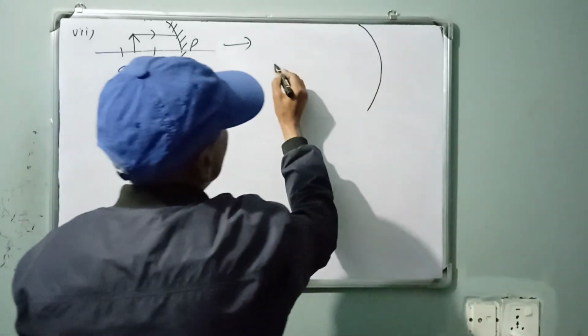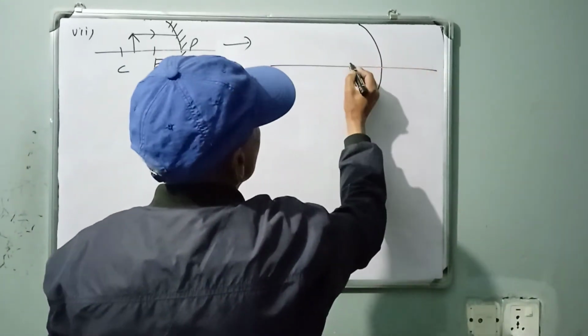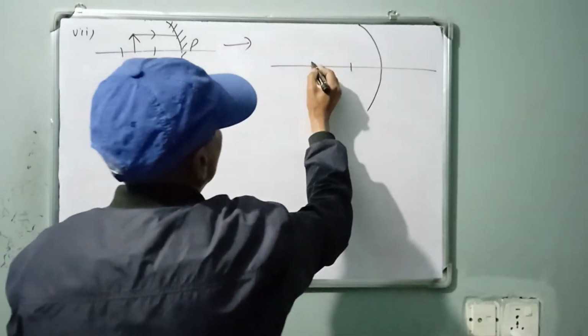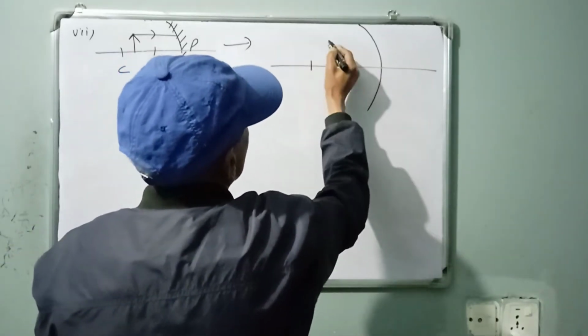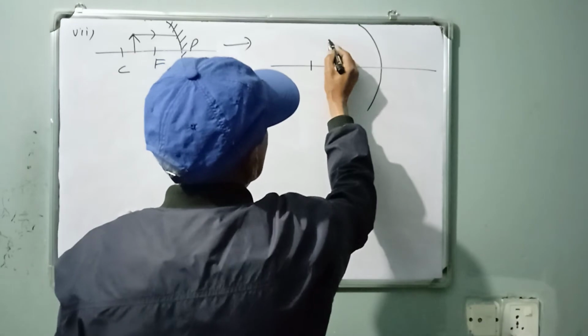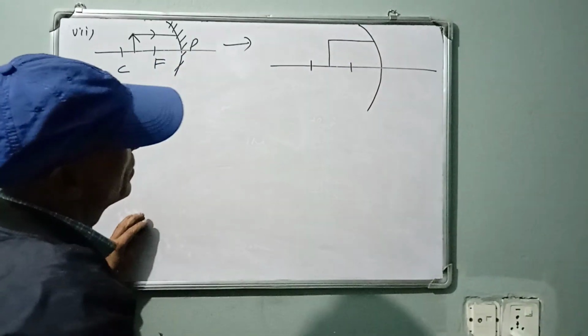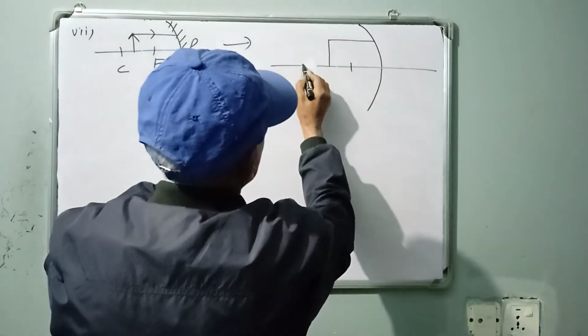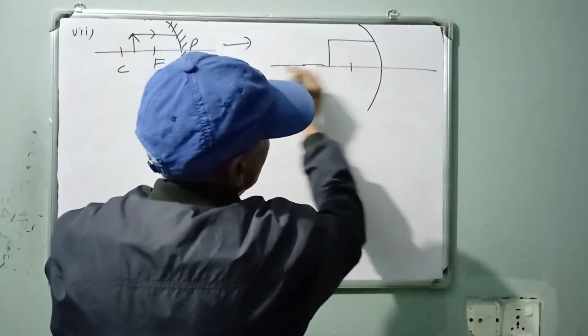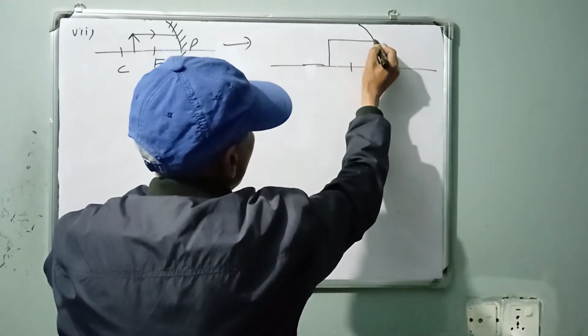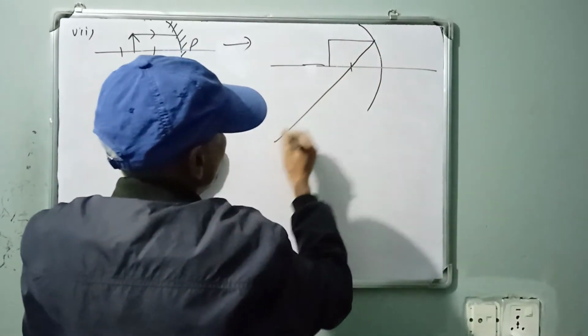Concave mirror, principal axis, focus, center, the C, principal axis, object. A ray passes through the focus.